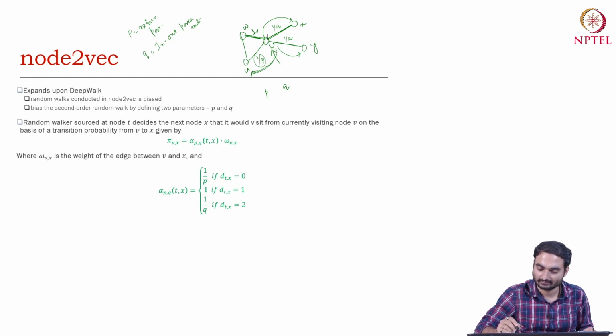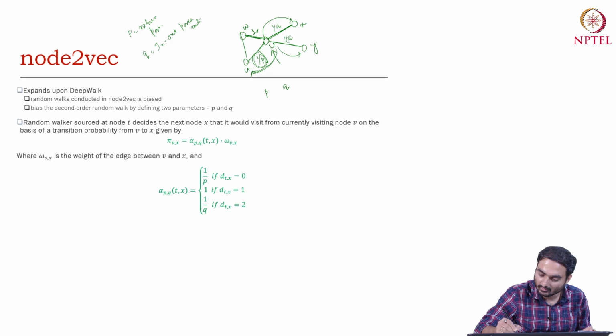Okay. So, what does it mean? It means that if you decrease this P value, this probability will increase, meaning that you will encourage BFS.